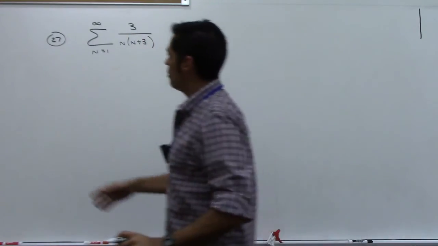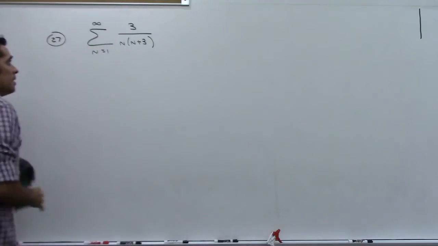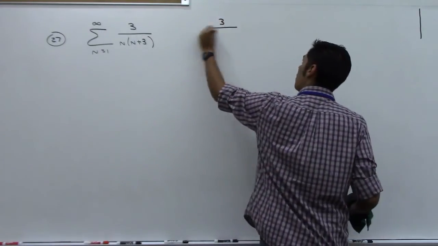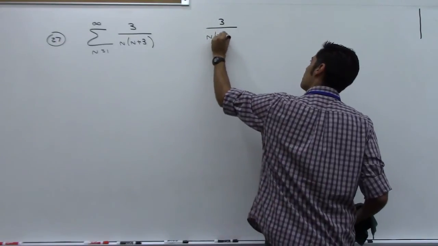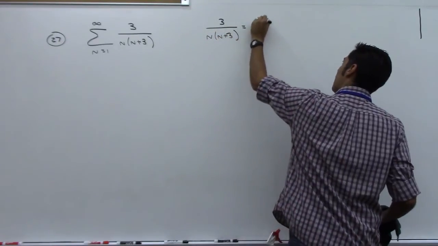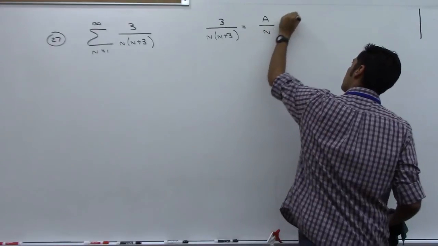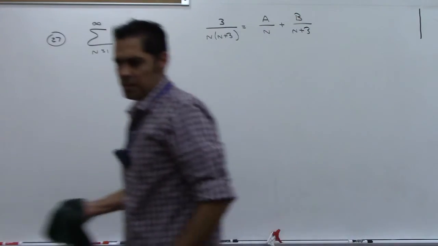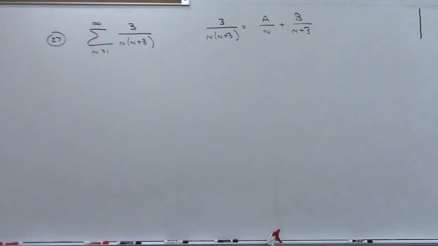If you write out the first few pieces, nothing's going to cancel. So you go through and you do your partial fractions. You do 3 over n times n plus 3 equals a over n plus b over n plus 3. And let me save us some time here.